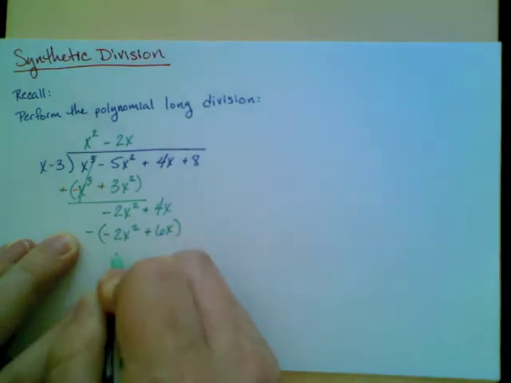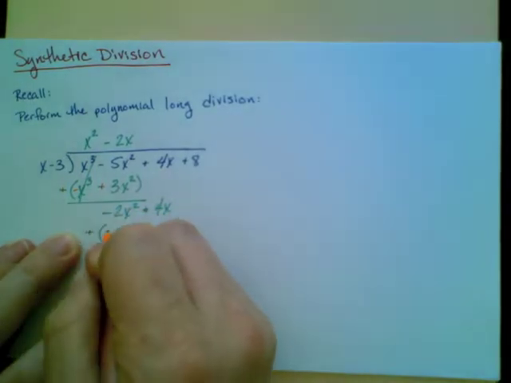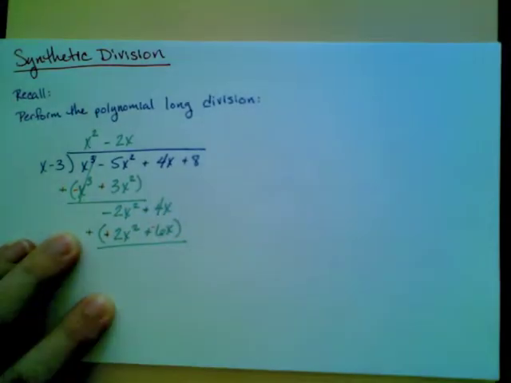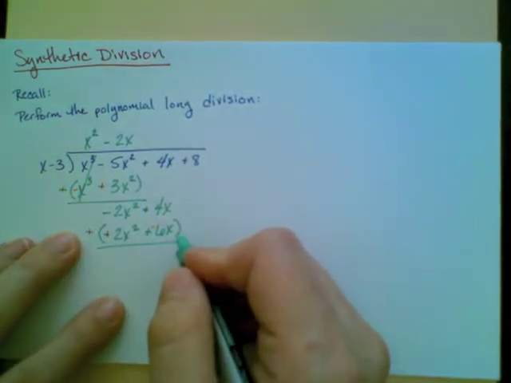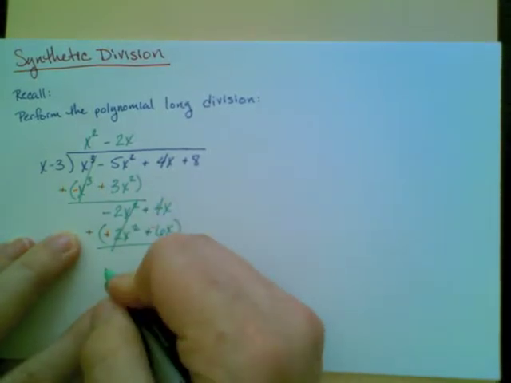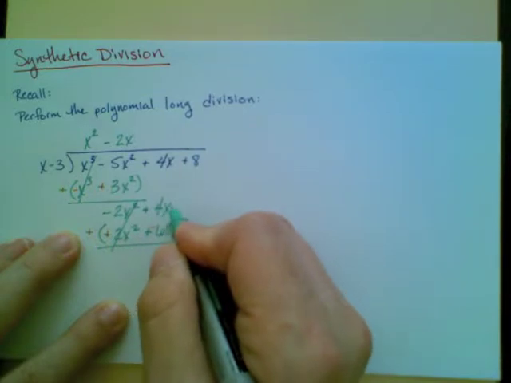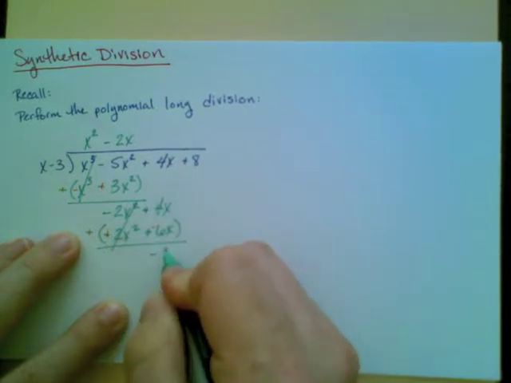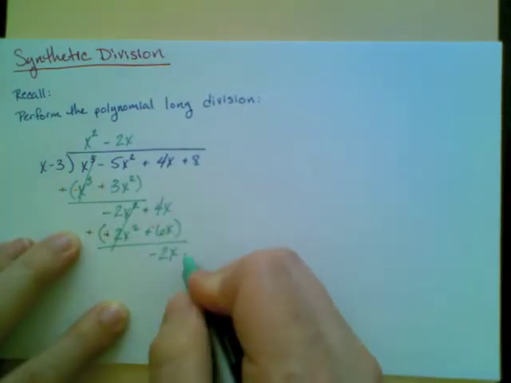I'm going to subtract that entire thing. I'm going to distribute the negative again, and again I'm writing it in a separate color. Of course, you don't have to write it in a separate color, but you do have to be aware that it is a separate step. When I actually do my subtraction, that will cancel out, and I'll have 4x minus 6x, which is negative 2x, and then I bring down my next term.